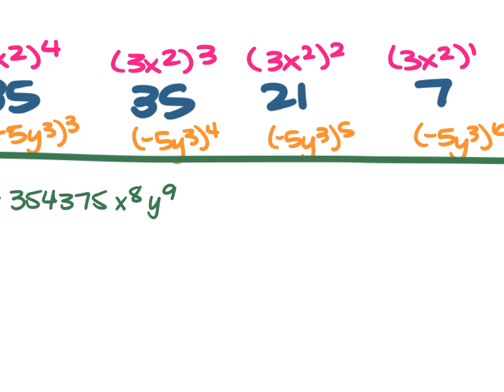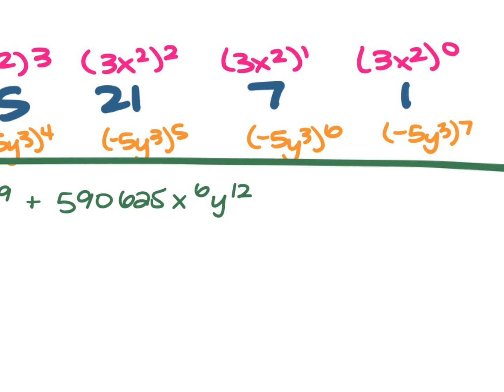Next, we have negative 5 to the 4th power, which is positive 625 times 35 times 3 to the 3rd power, which is 27, which gives us 590,625 x to the 6th, y to the 12th.